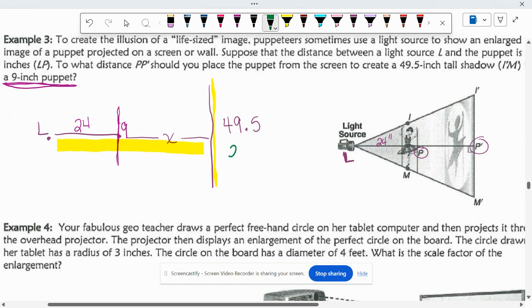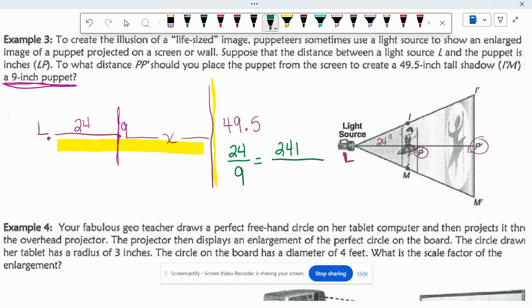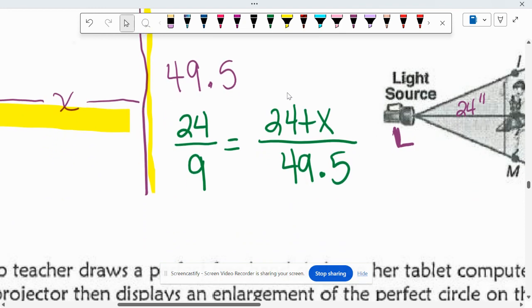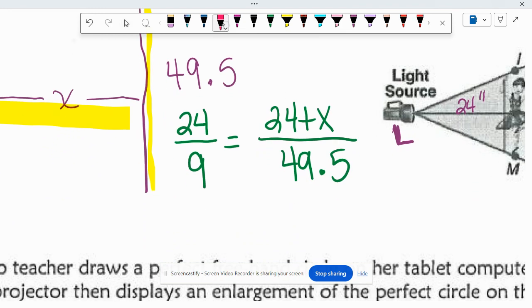So I'm going to set up 24, that's the distance from the light source to the height of my puppet, equals the whole distance from the light source to the new puppet or the shadow, which is 24 plus x, over the whole height of the puppet, 49.5. How do you solve a proportion? Think back to your Math 1 or algebra days. How do you solve a proportion?